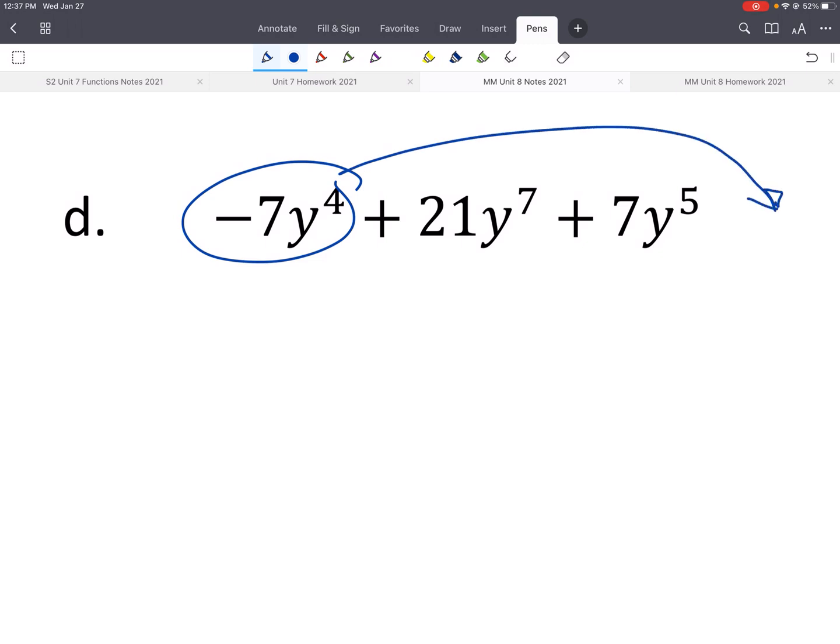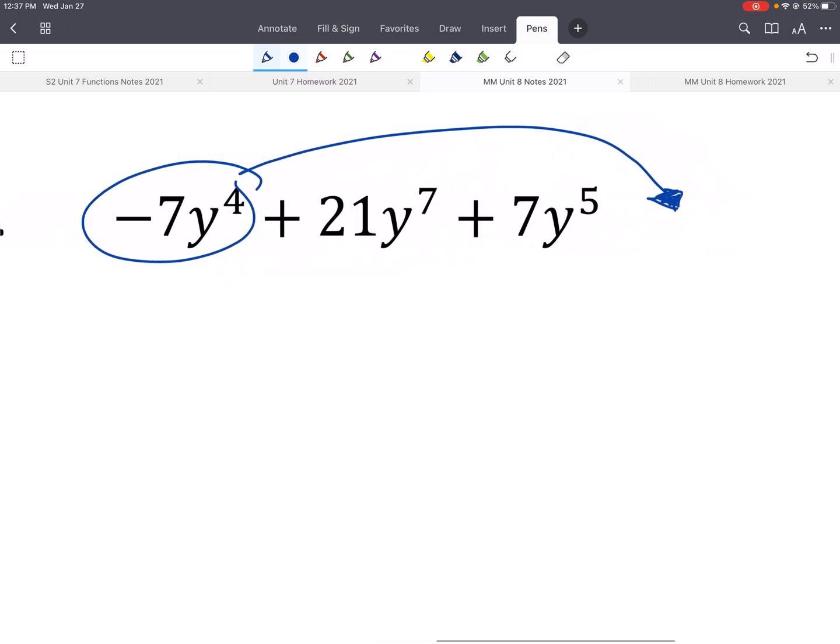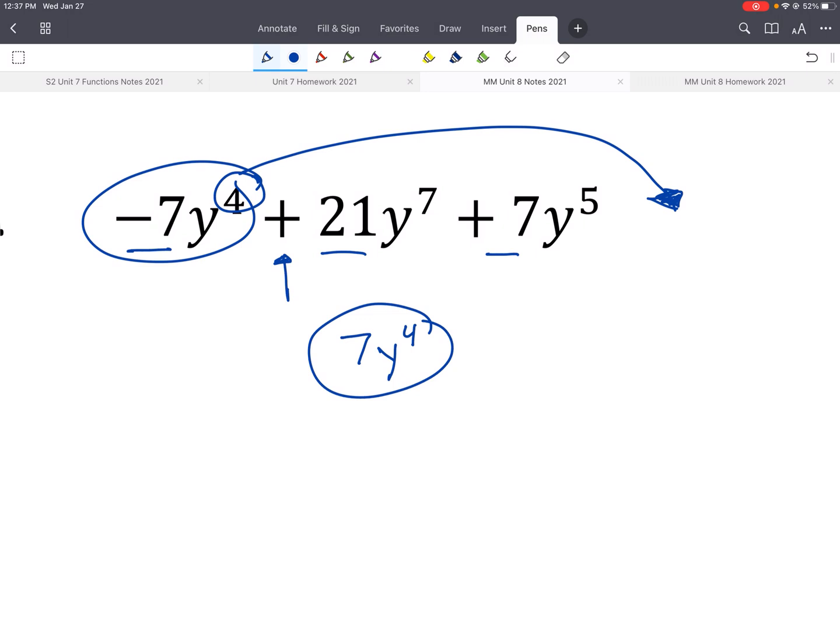You would maybe think that our leading negative is part of our greatest common factor, but it's not in standard form. So we can look at our numbers. We could divide by 7. Our smallest exponent is a 4, so y to the 4. And then our leading term is positive, so we don't need to write down the negative.